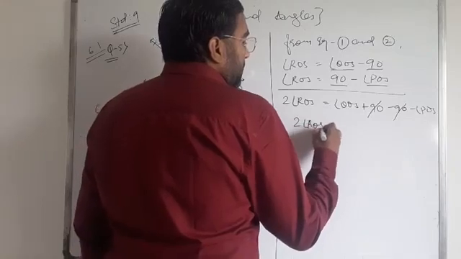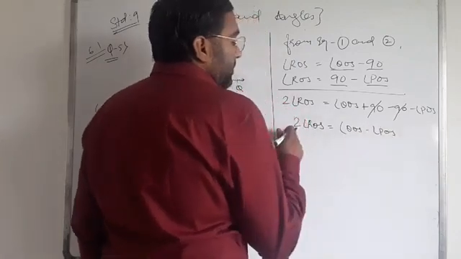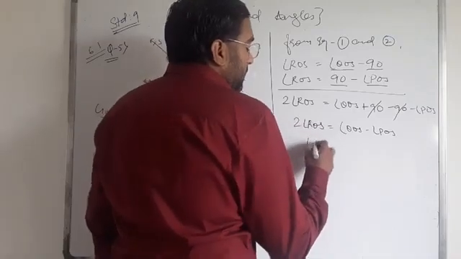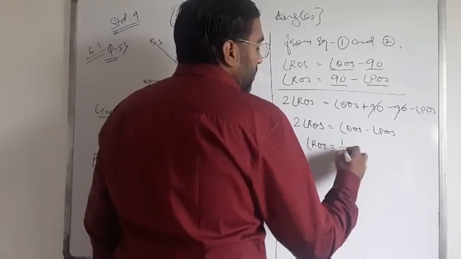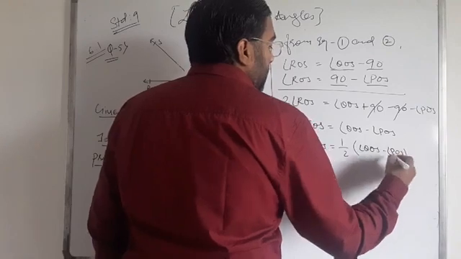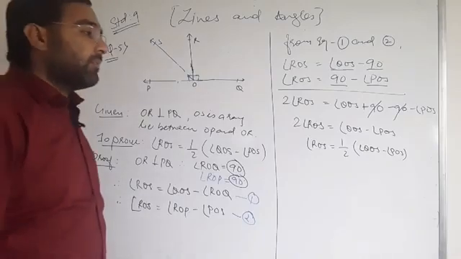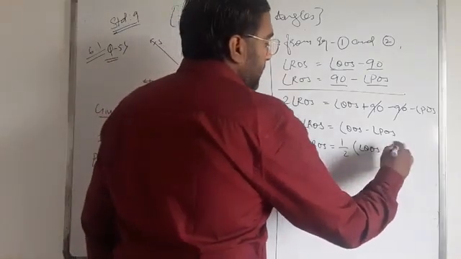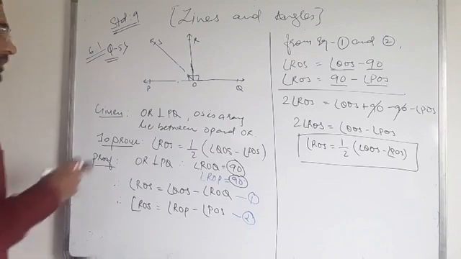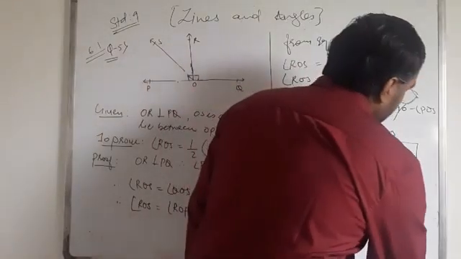So 2 times ROS is equal to QOS minus POS. Now I'll shift the 2, which is in multiplication, to the other side to divide the whole bracket, QOS minus POS. My answer is ROS equal to half of QOS minus POS, which is what I wanted to prove. So I'll write hence proved.